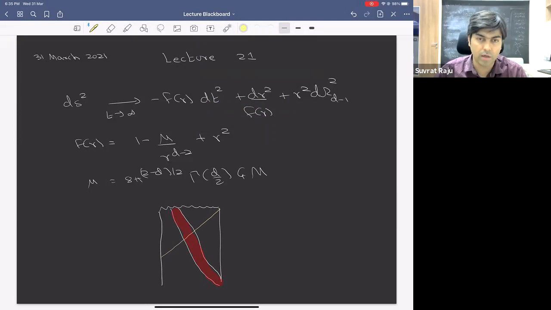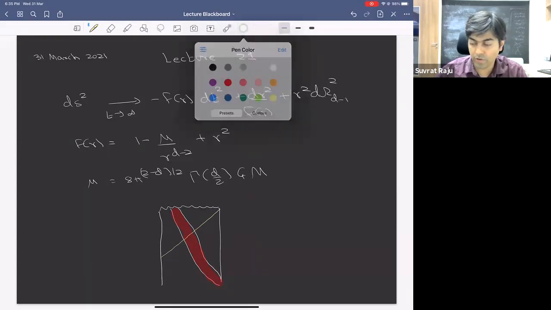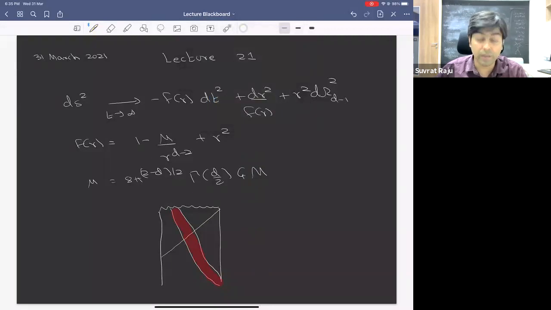We will later in this lecture, perhaps, or maybe the next lecture, also discuss some issues that have to do with eternal black holes. But here, this is a black hole which just lives in anti-de Sitter space, and there is only one asymptotic boundary. So this is my matter.